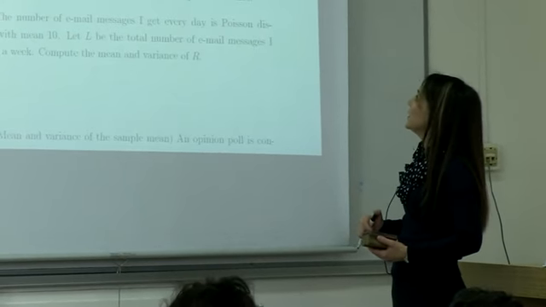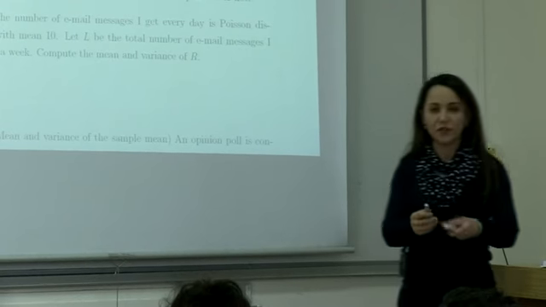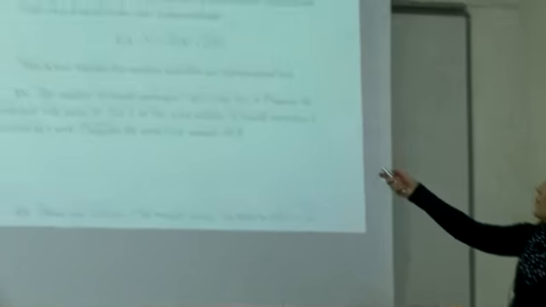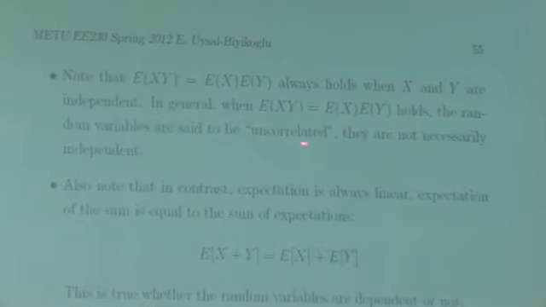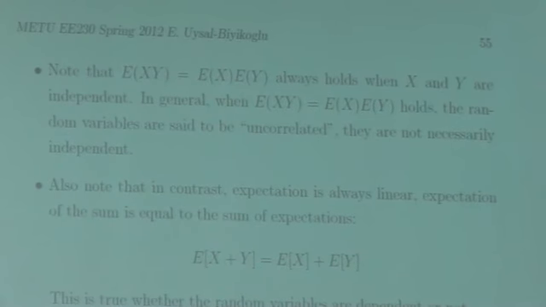So, we already said this. Let me reiterate. We'll, in fact, properly define correlation later in the class. But in general, when this holds, the random variables are said to be uncorrelated. Uncorrelatedness does not imply independence, but independence implies uncorrelatedness.